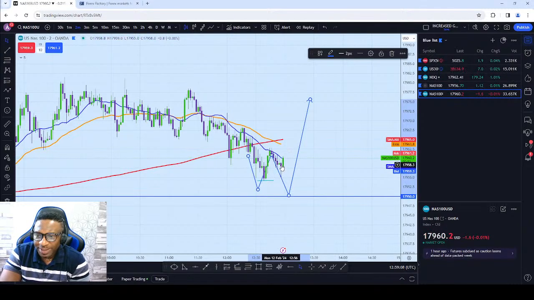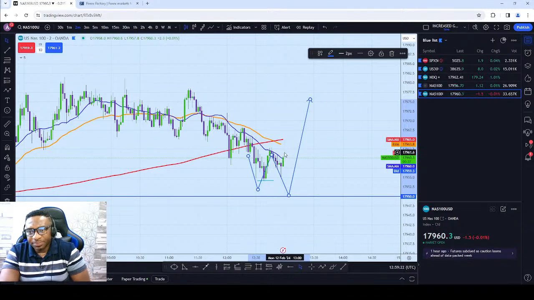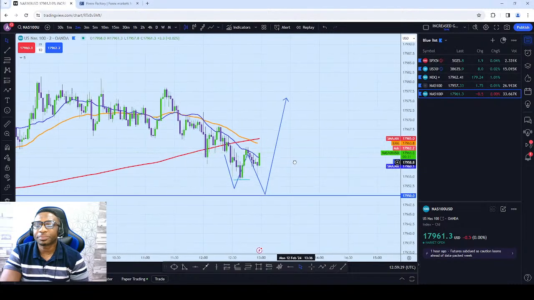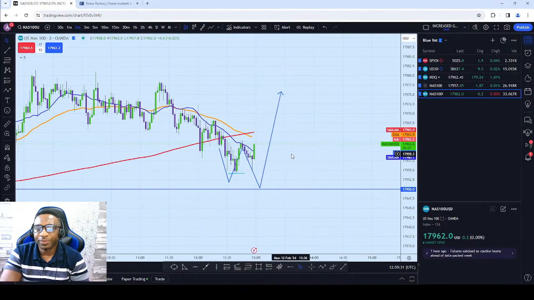The green candle has taken out this candle. So I will just hold on a bit to see what happens after this candle. If I see any events after this, as price gets above the 20 moving average, I'll go in for it.